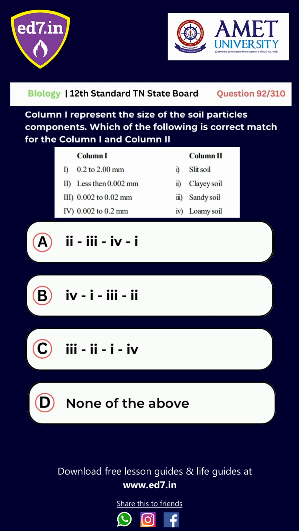Column 2: 1, silty soil. 2, clay soil. 3, sandy soil. 4, loamy soil. The options are option A, 2341, B, 4132, C, 3214, D, none of the above. And the right answer is 3214.